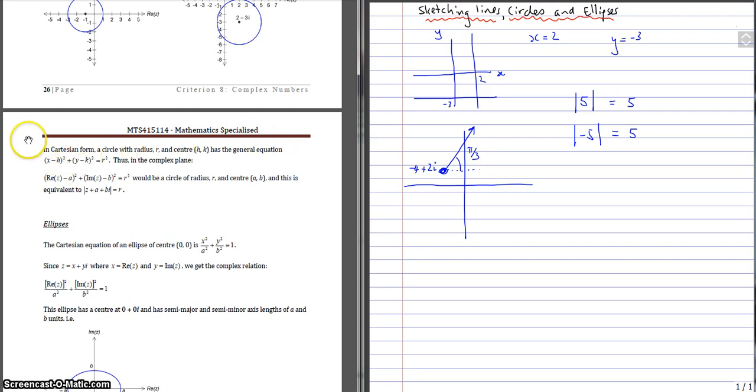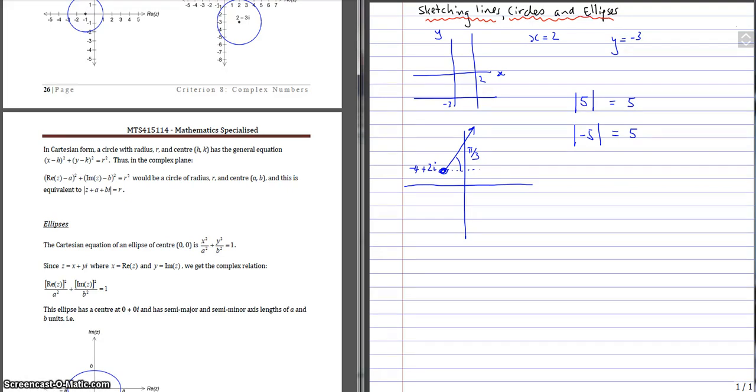With our work in methods in Cartesian form, a circle with a radius of r and a centre (h, k) has the general equation (x minus h) squared plus (y minus k) squared equaling r squared.